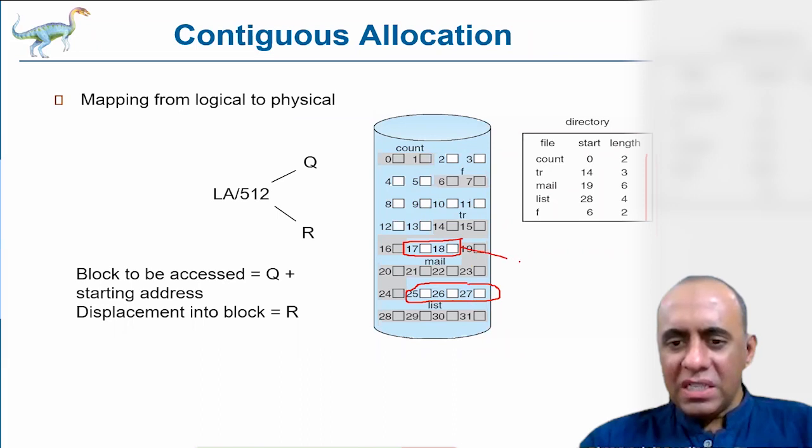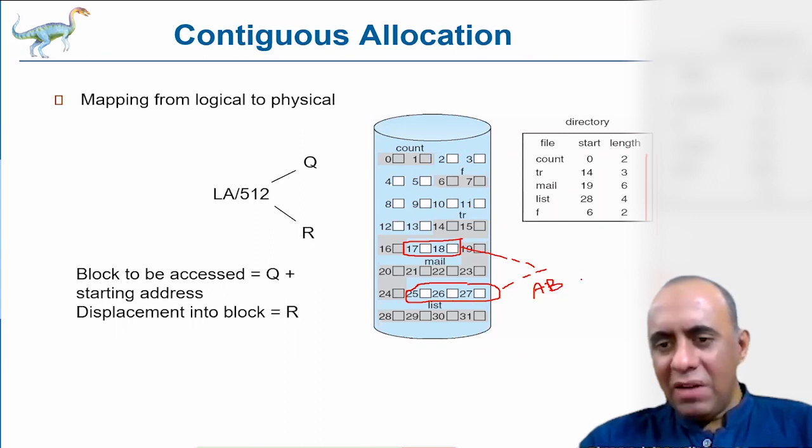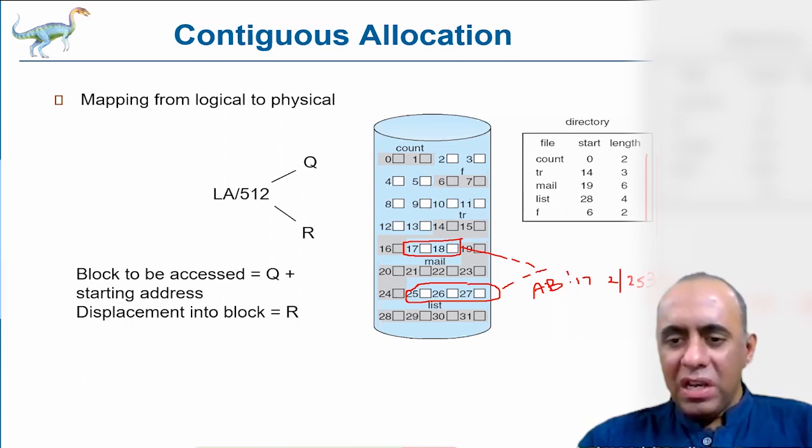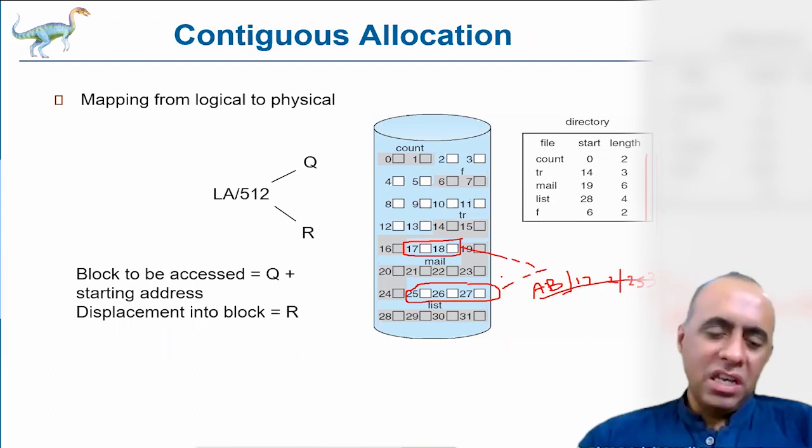Both of these point to the same file. For example, the name of the file was ab. So in front of ab I will now write 17 and 2, and then 25 and 3. So now this file will be properly addressed using the extent based scheme.